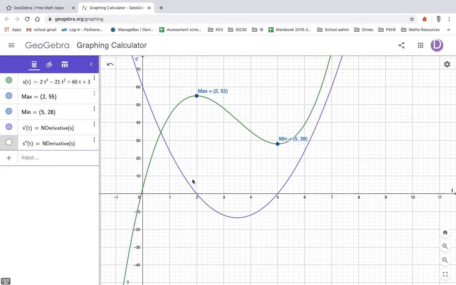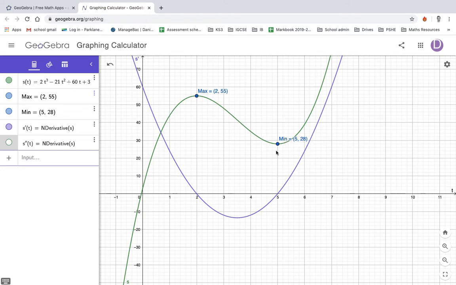They are above the x-axis. And then between here and here, the particle is moving left, and the velocity between those corresponding points is negative. A negative velocity means it's moving left, and a positive velocity means it's moving towards the right.